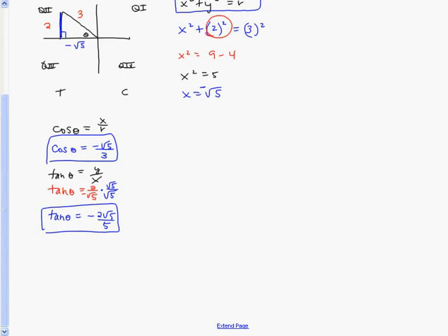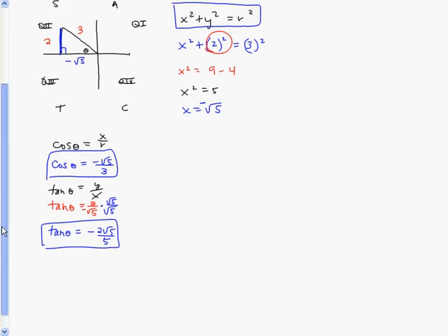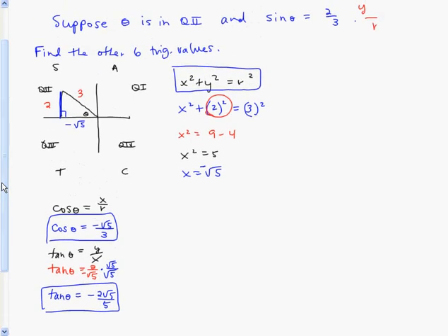Well, let's make life easy and use some of our theorems that we had earlier. We can use the reciprocal property. If sine is 2/3, then cosecant of theta is the reciprocal of that. It would be 3/2, and I don't have to do any work on that.